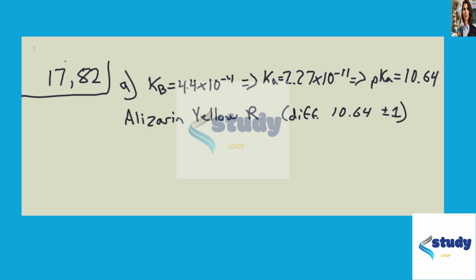Okay, so we can go ahead and look at problem B. So for NaOH, we don't need to calculate the pH because we know that when we're titrating a strong acid with a strong base, the neutralization will occur at pH 7. So we can write down that the equivalence point will occur at 7.